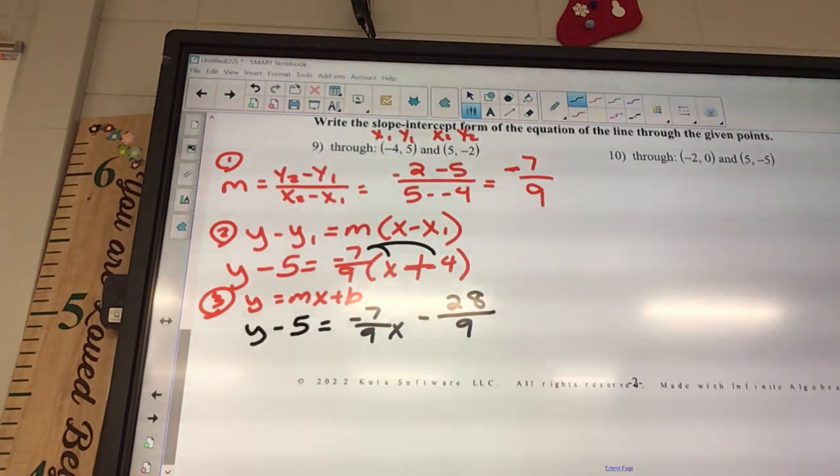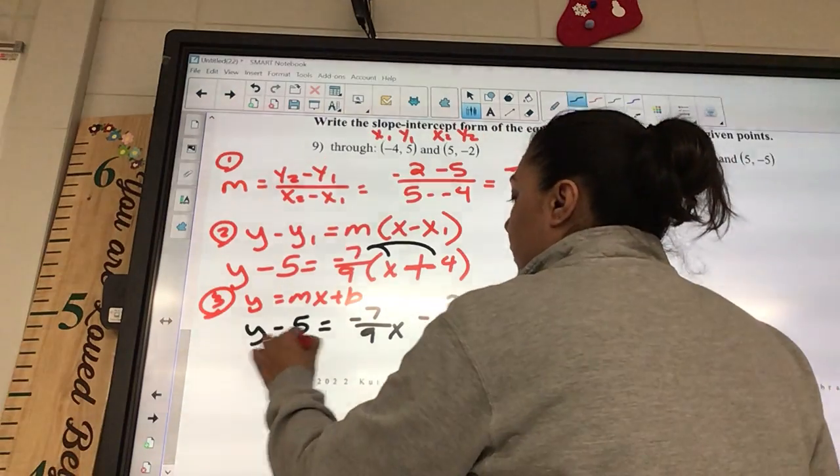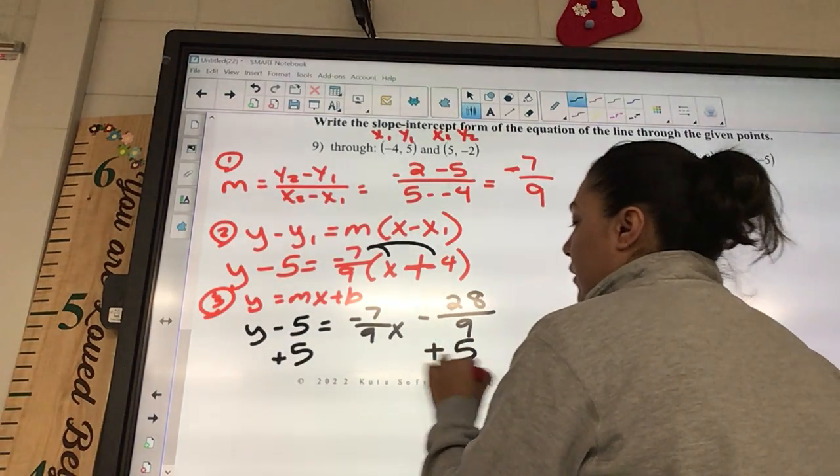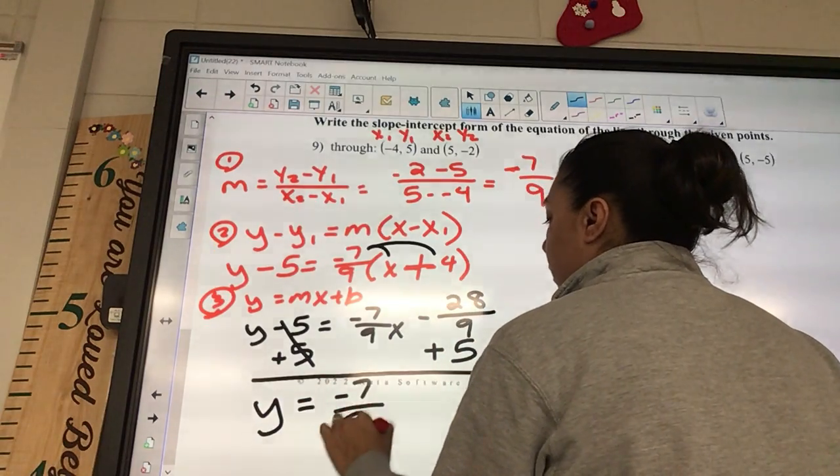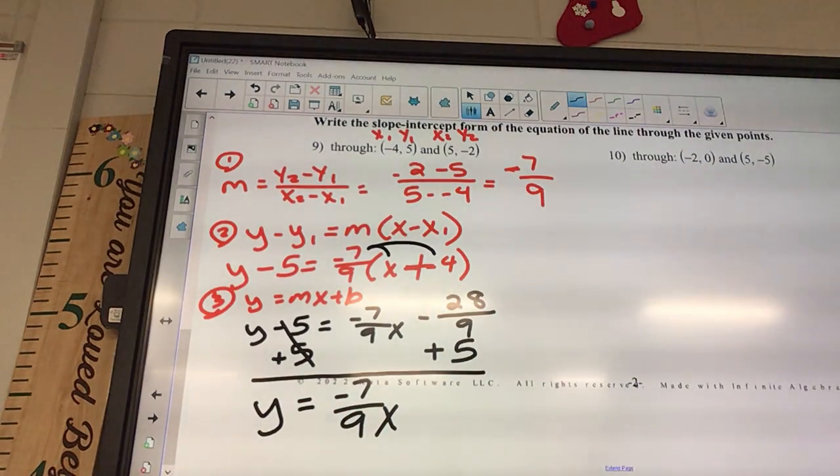And then lastly, we need to say plus 5. So we have y equals 7/9x, what is 28/9 plus 5?